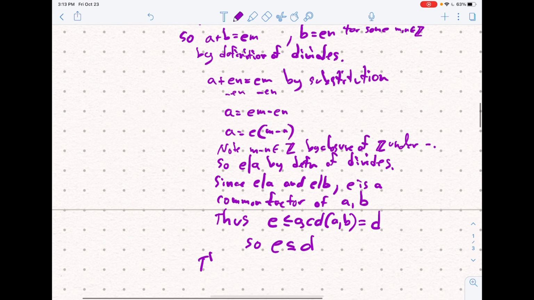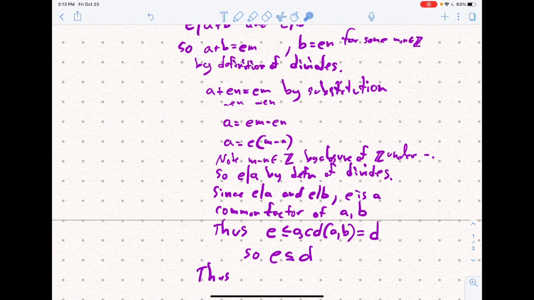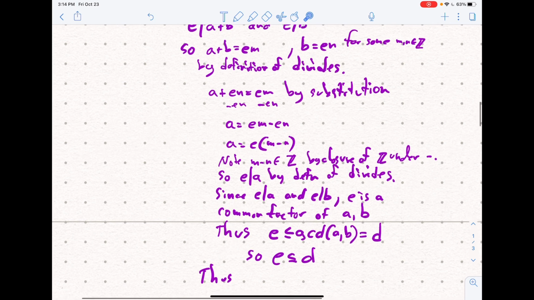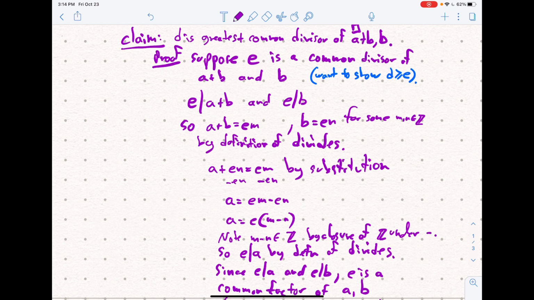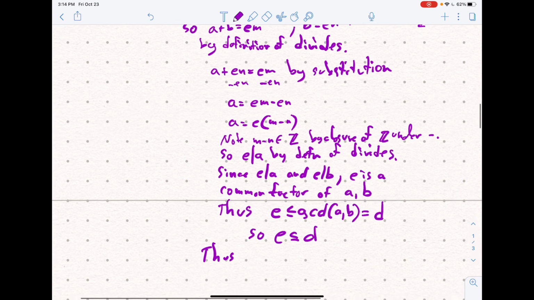Okay, thus, what have we shown? We have shown that this number D is bigger than or equal to any common factor of a and b. So D is the greatest common divisor of a plus b and b. That's what we have shown.